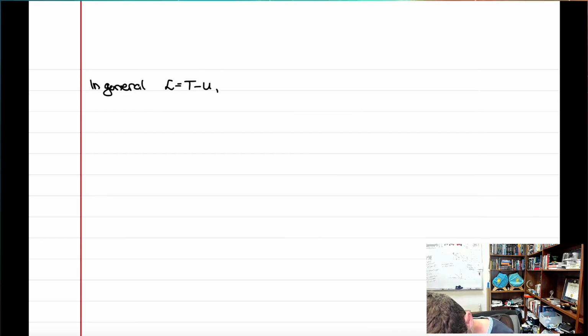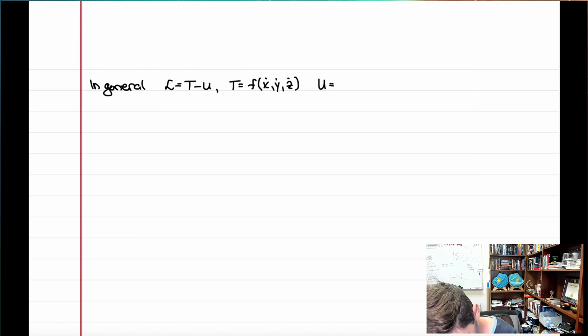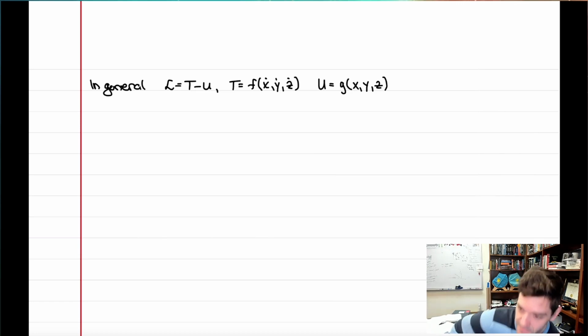In Cartesian coordinates, I know that T is some function of x dot, y dot, z dot: 1/2 m times x dot squared plus y dot squared plus z dot squared. Then U, since it's a potential energy, I know that it is some function only of positions. You go back to our potential energy module, right? It can only be a function of position. So I know that it's going to be some function of x and or y and or z.